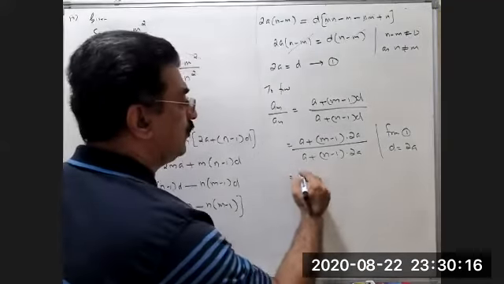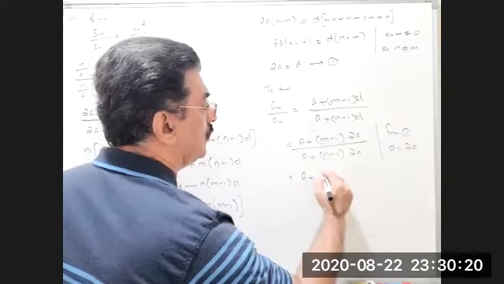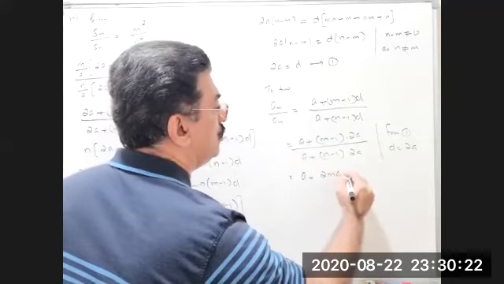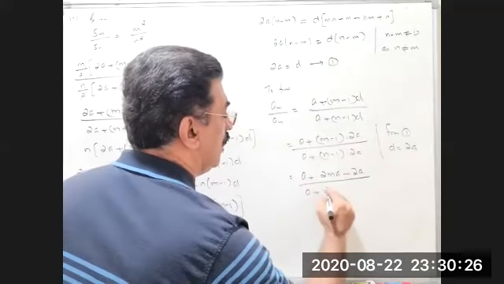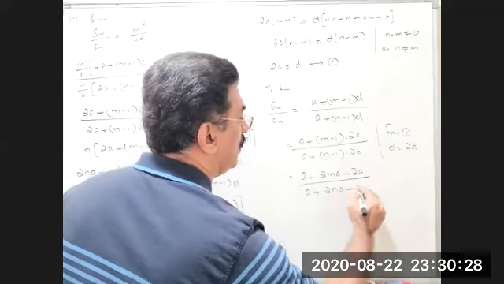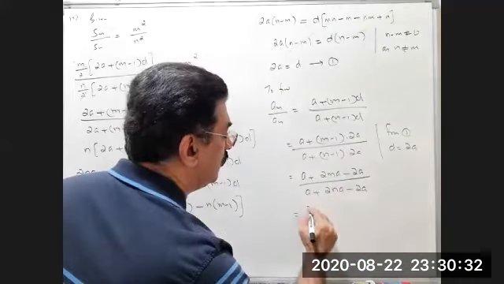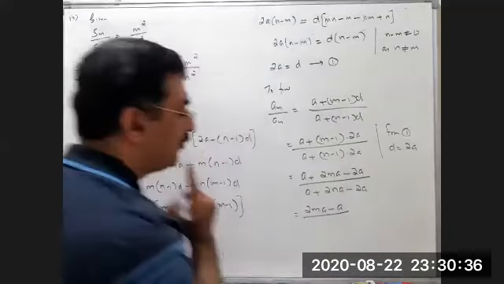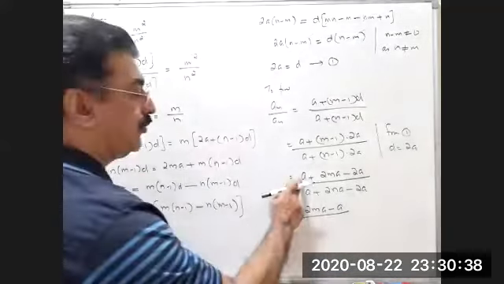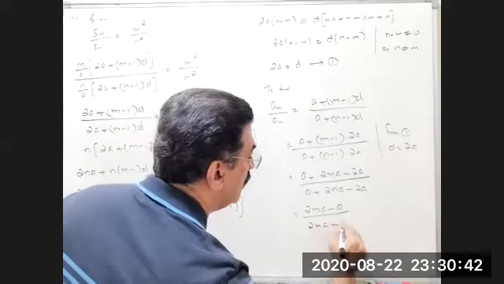That is a plus 2ma minus 2a, a plus 2na minus 2a. This is 2ma minus a, because a minus 2a is minus a. And 2na minus a.